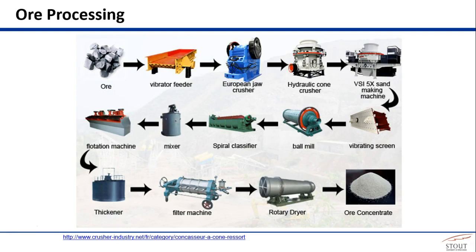We're not going to go through each of these steps, but just think about all of the processing that is required: the sorting, the crushing, the separating. There are a variety of ores that benefit from a process called flotation.